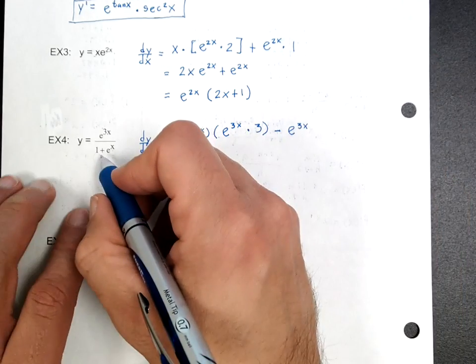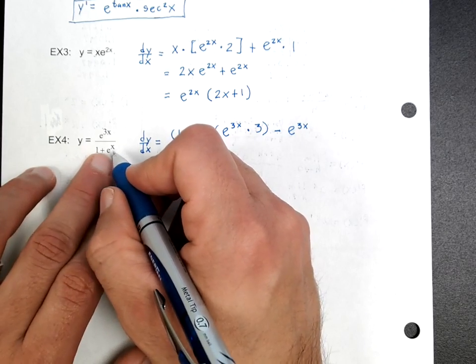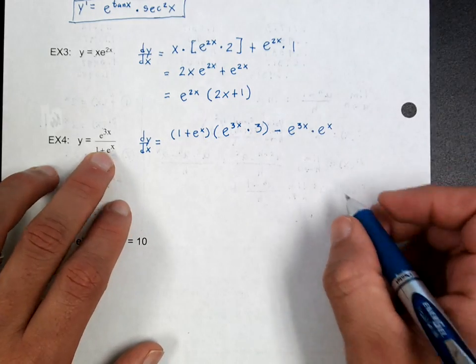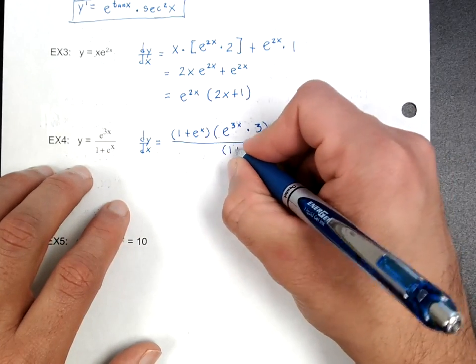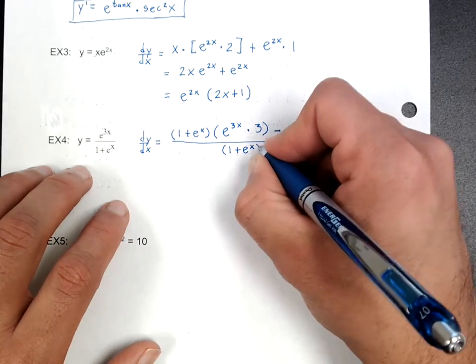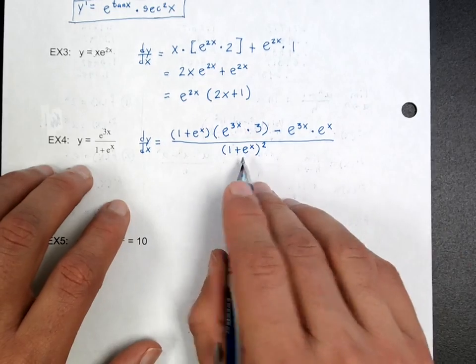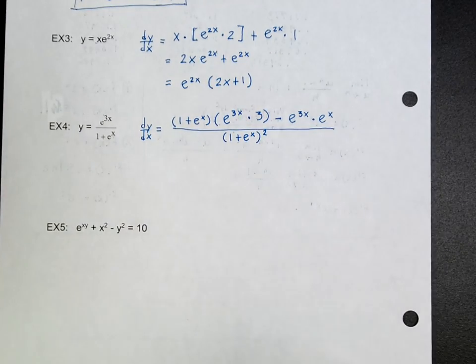All right, so now I need the derivative of this right here. The derivative of 1 is 0. The derivative of e to the x is just e to the x. So that's it for that. Over the bottom square, over low square. Okay? So low d high minus high d low over low square. Okay. So now just to simplify this at this point, I'm just going to simplify.